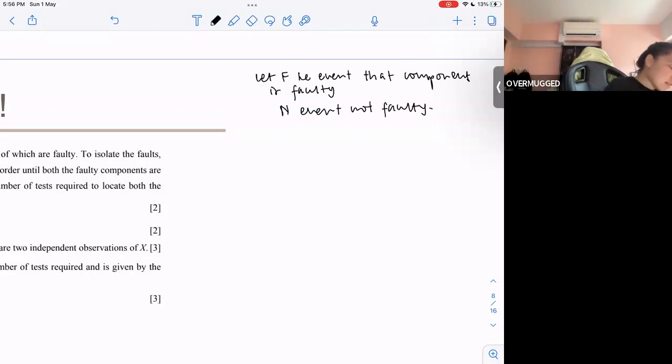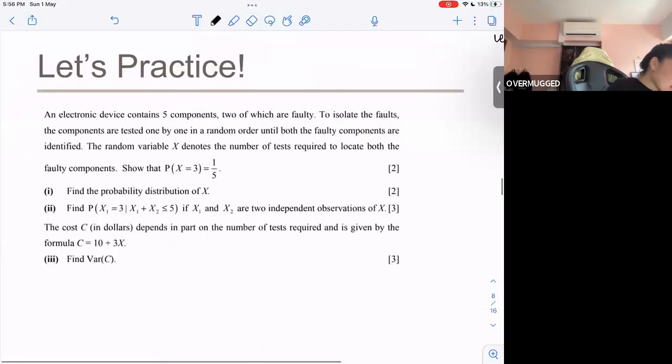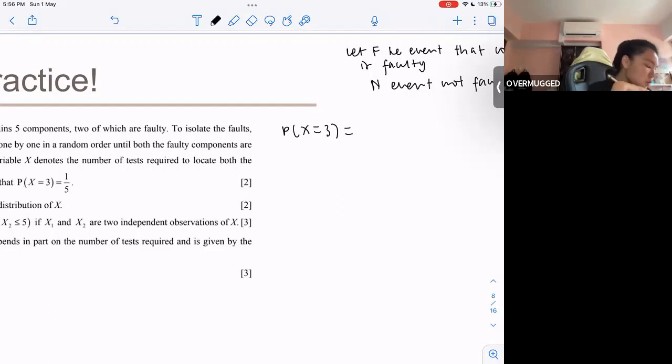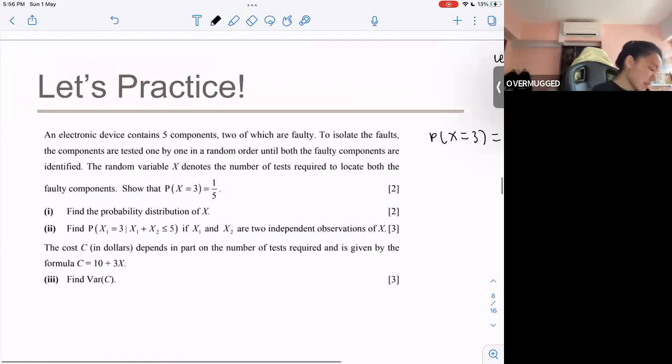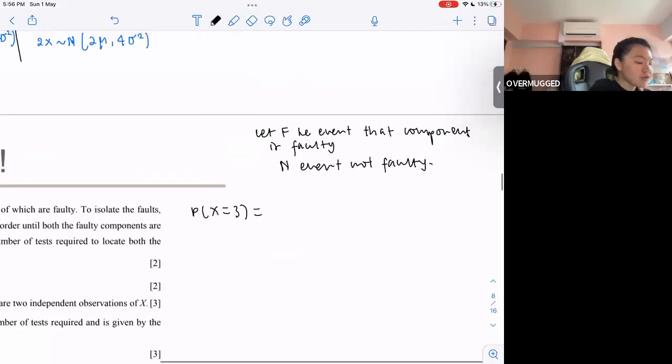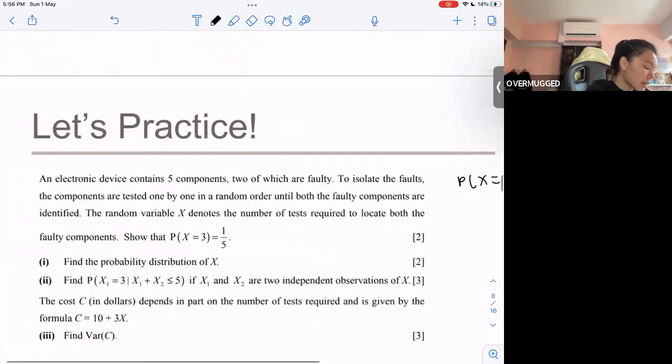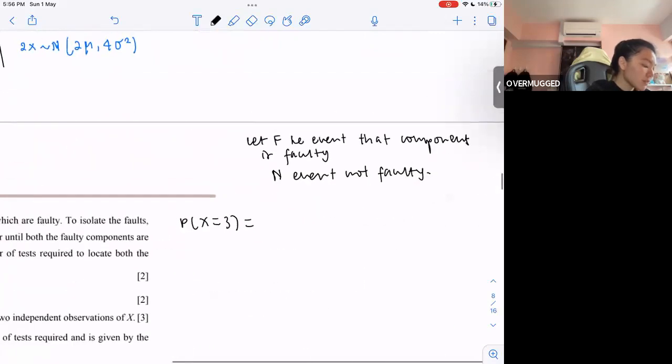For this particular probability that they're asking me to find, the probability that x is 3, there are only a few possible outcomes, correct? x denotes the number of tests required, right?